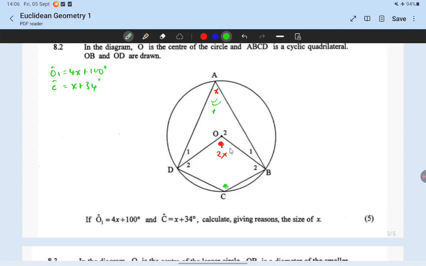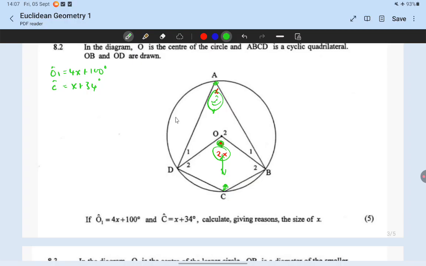We can see that this O1 and C, there's no relationship between these two. We cannot make an equation out of these two. However, we know that this and this, there is a relationship, because we know that this is twice that. And in return, this angle plus this angle give us 180.